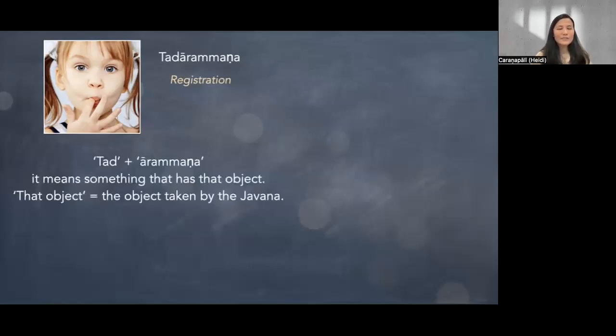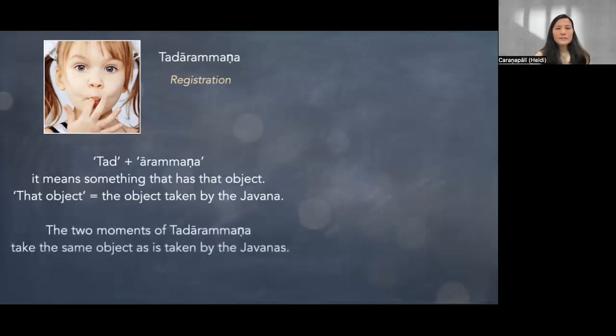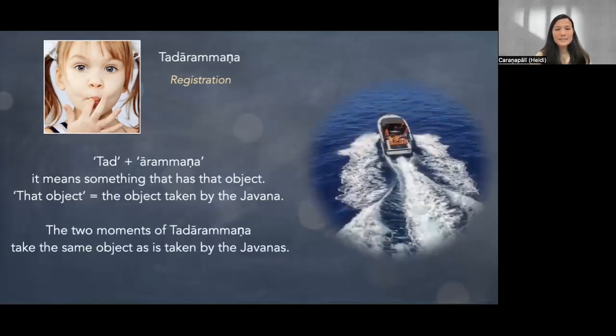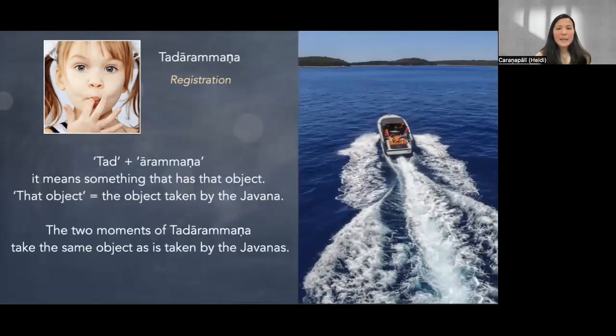It is like the aftertaste of the experience, no? Many times it is compared to the water that follows the boat. The boat is like the javana with force, it's gone, and then it leaves a little bit of the aftertaste. So this wave, the water after it, is the example of tadaramana.